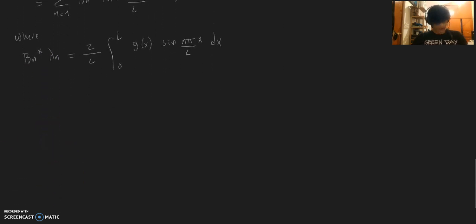And finally, since lambda n is equal to c n pi over L, we can divide by lambda n and obtain 2 over c n pi times the integral from 0 to L of g of x sine of n pi x over L dx.